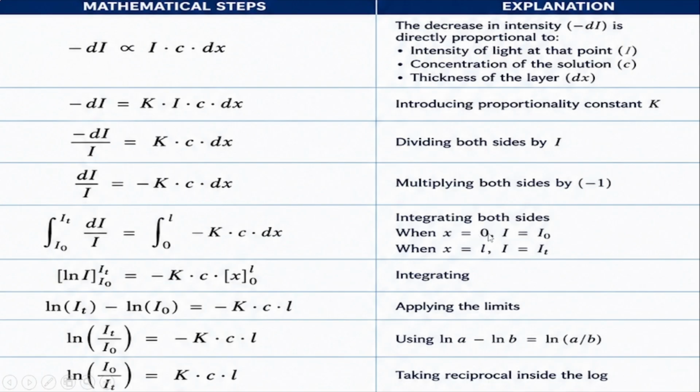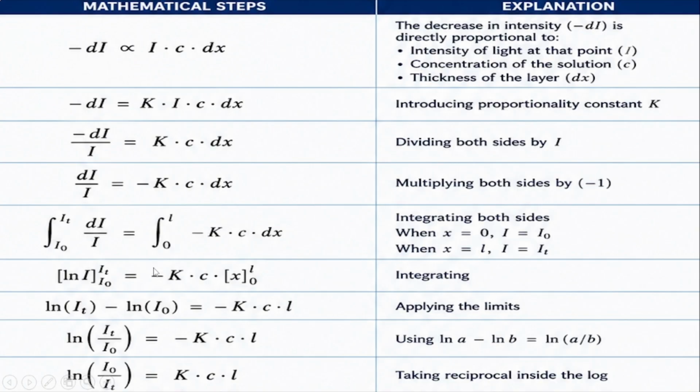So what is x equals 0 and I equals I0? It means the path length or thickness is 0 and the initial intensity is I0. And x equals L and I equals IT means the incident light has passed fully through the sample container, and IT is nothing but the final intensity of the light.